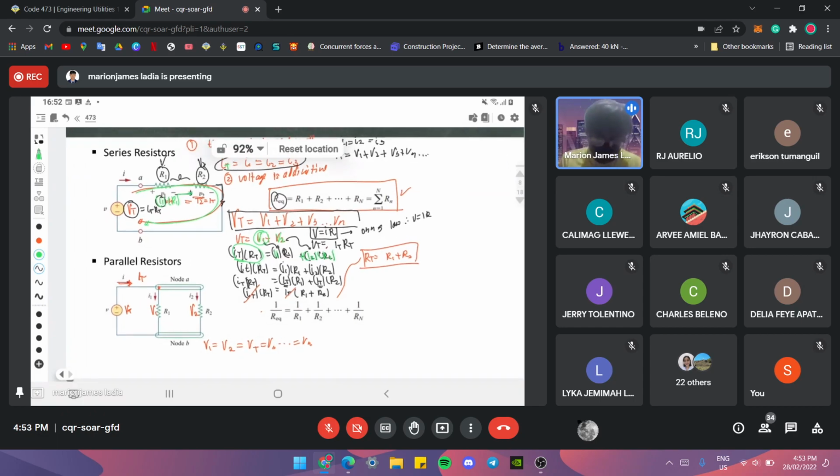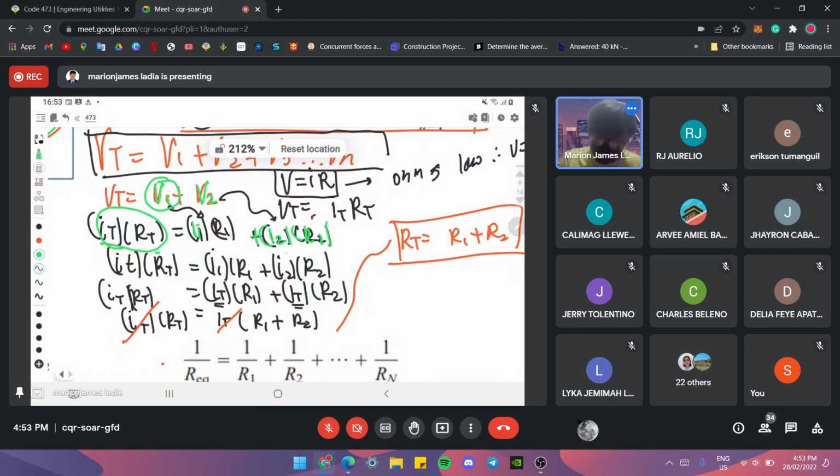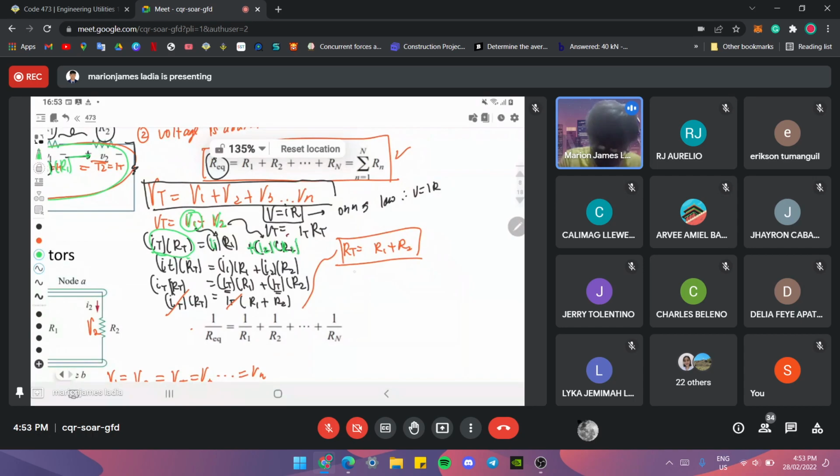Okay? So, from that, I will have this value. So, since I1 is equal to I2 is equal to I3, which is also equal to my I total, therefore, dito mapapansin nyo, kung merong R3 or I3, and of course, meron tayong I total, so gagawin natin yan, substitute natin siya dito sa values natin ng ating V equals IR.